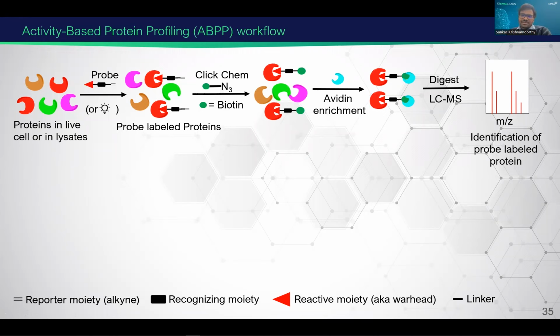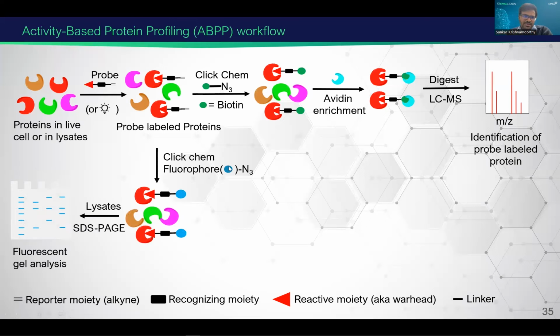So from the mass spectrometry analysis, we can identify the protein targets that reacted with these activity-based probes. Since the probes are designed based on a certain type of protein small molecule interaction, you can say that these proteins have that particular function.